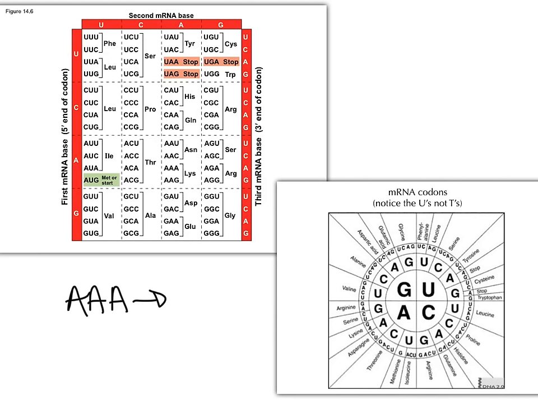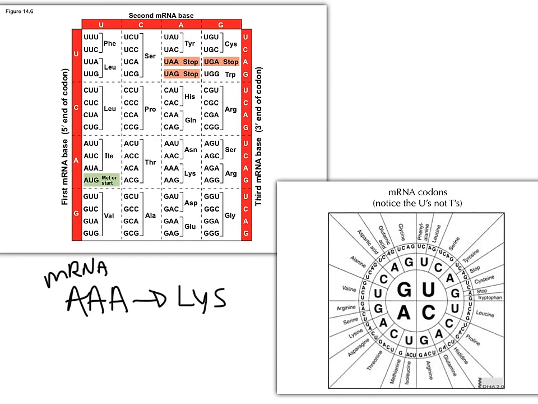We'll go here, and this is in the mRNA. We start with our A, then we go to the top and find our second A, and that ends up intersecting at this box, and then we find our third one, which is here. So that means an AAA codon in the RNA codes for the lysine amino acid in the polypeptide.